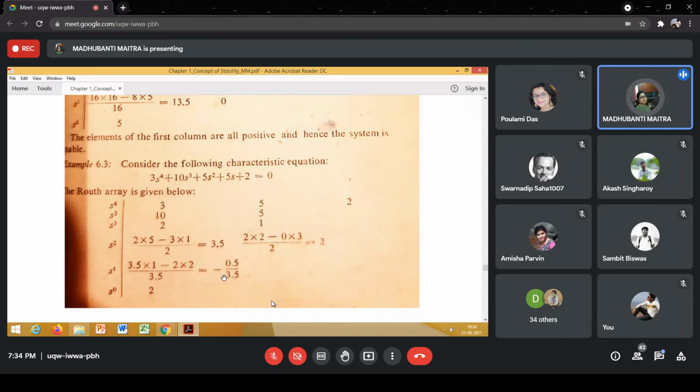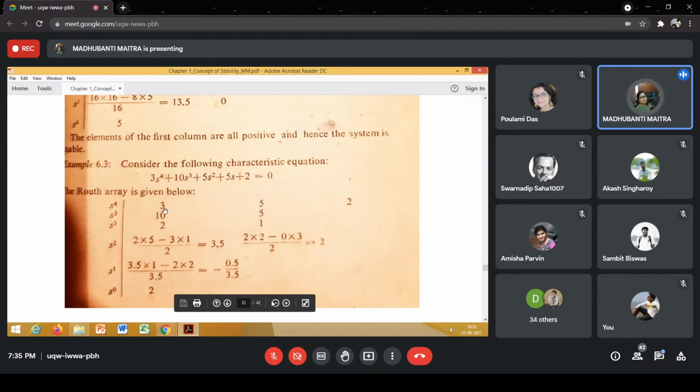Have you noted down all the elements in proper sequence appearing in the first column of the Routh array? Yes, ma'am. So here I'm considering the first element of this particular row to be 2. So the terms are 3, then 2, then 3.5, then minus 0.5 by 3.5, and 2.